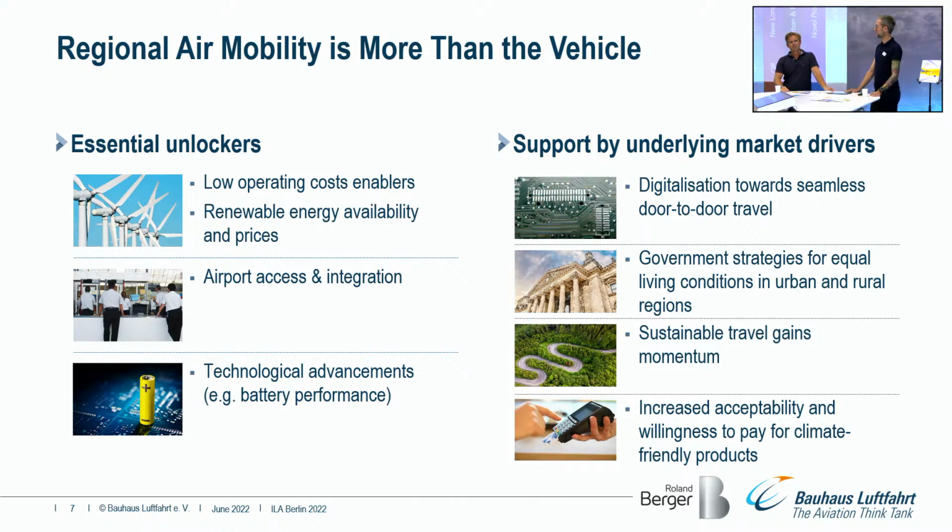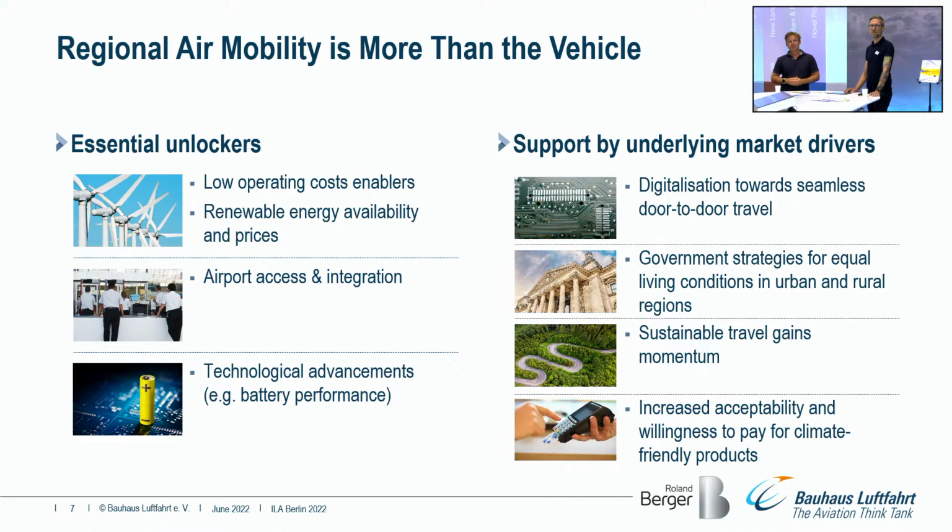The third one is that we do see on all fronts that sustainable travel actually gains momentum at the moment. So if we look at Airbus, Boeing, and so on, they all invest in more efficient aircrafts, in sustainable aviation fuel, and so on. And this will further be a driver to unlock regional air mobility.